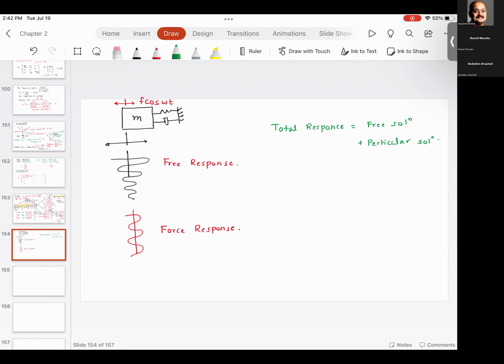And many a times when you have a forced system, if you have damping, I want you to understand that this free response decays as time goes on, which means the final response will be dominated by the forced response.